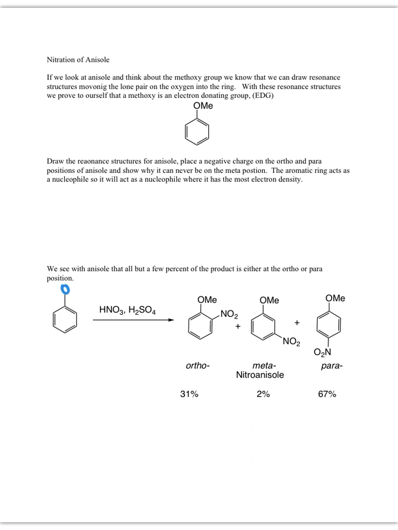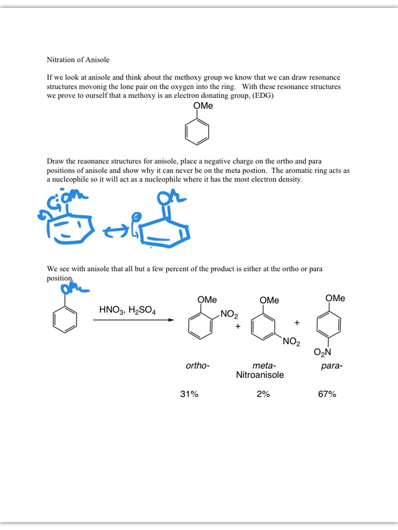So the nitration of anisole, can you draw resonance structures for anisole? We send electron density into the ring. We get the negative on the ortho carbon.